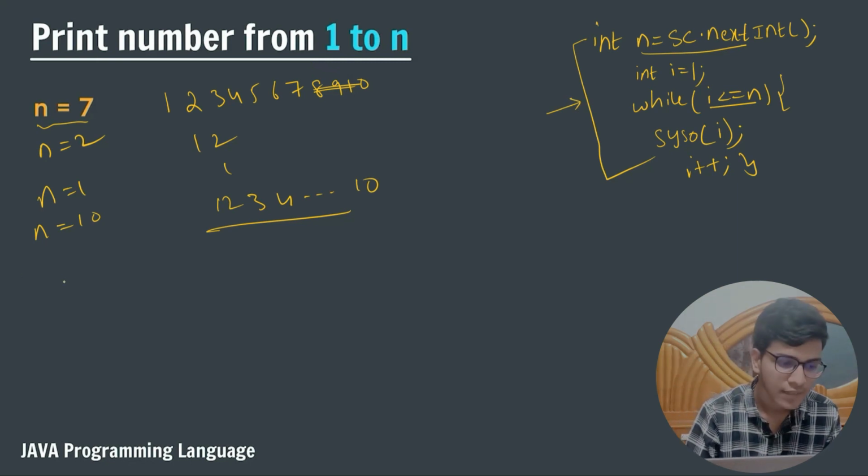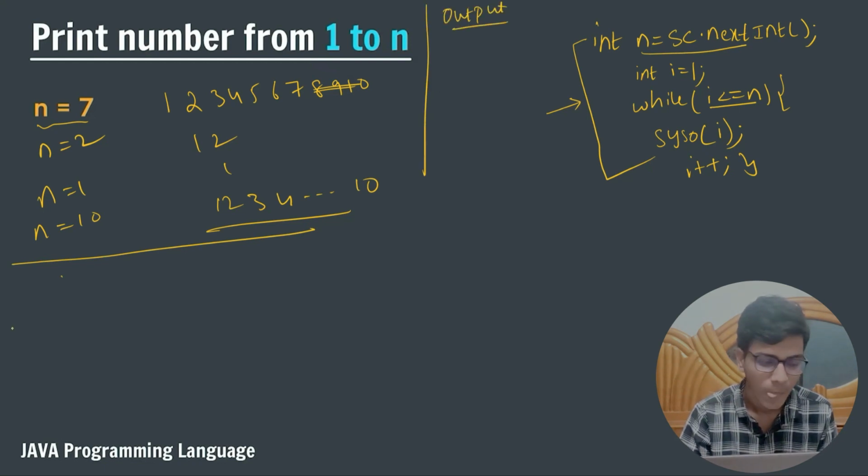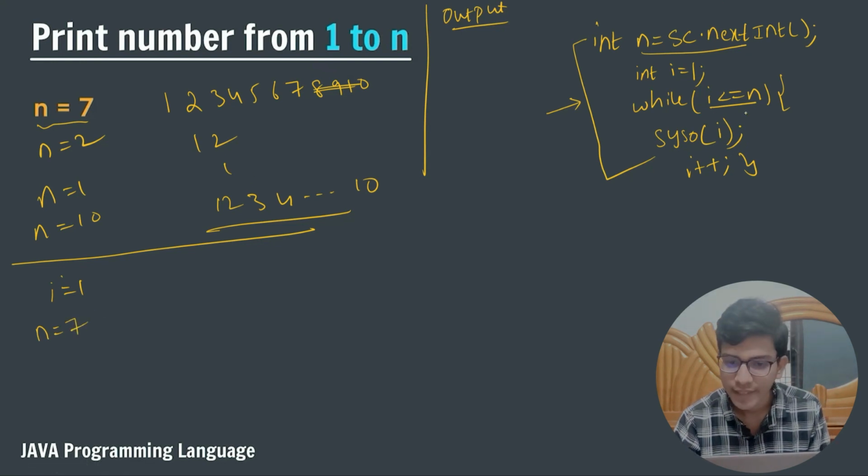So let us dry run this. Let us consider this is our output window, and initially i = 1, right? Let us consider that n will be given by our user, and the value of n is 7. So initially what is our condition? That is i should be less than or equal to n. Here n is 7, so i should be less than or equal to 7.